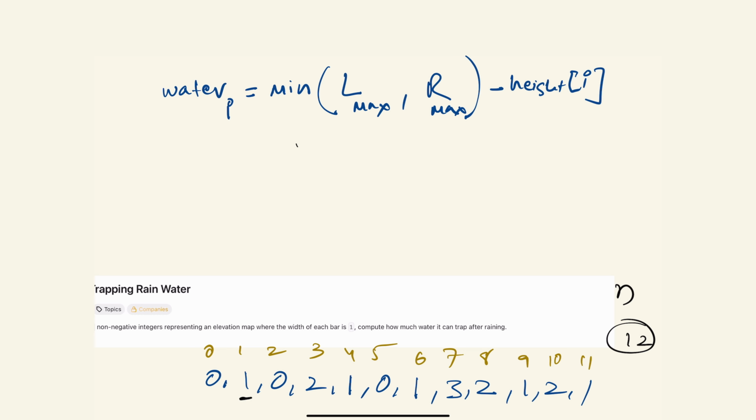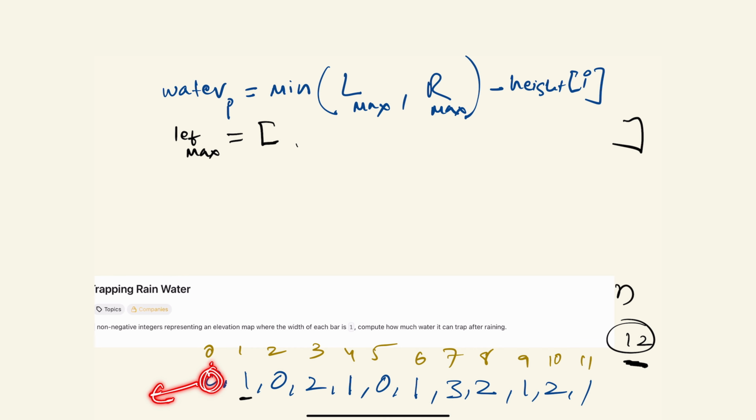Now with this I am going to create two arrays. The array name is left max, of size 12, and on each index I am going to store the max height. That is the reason it is called the prefix. For example, at this position, what is the max height on the left?